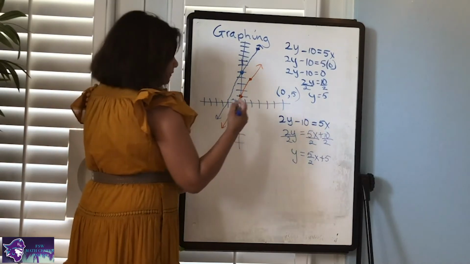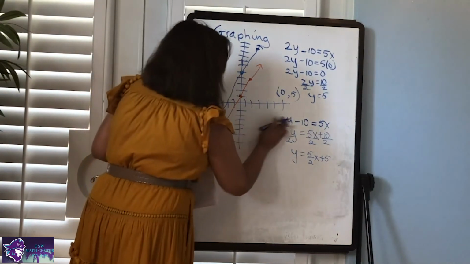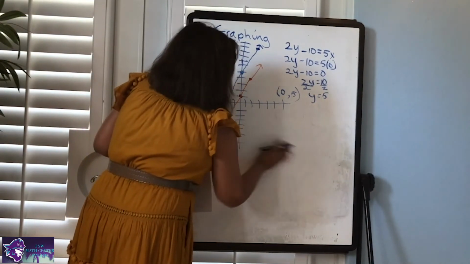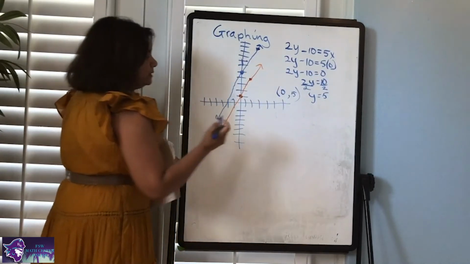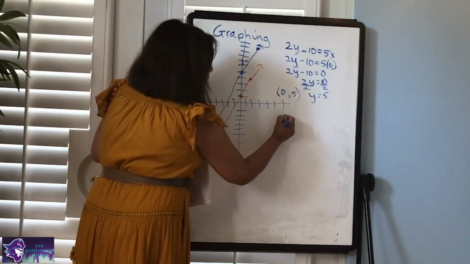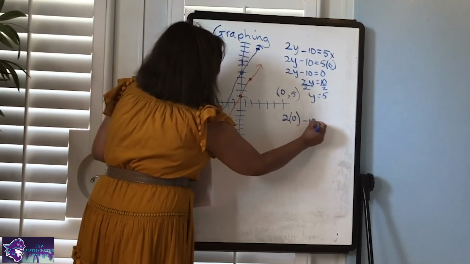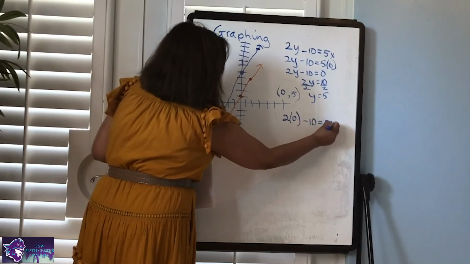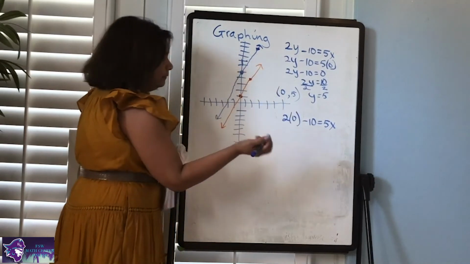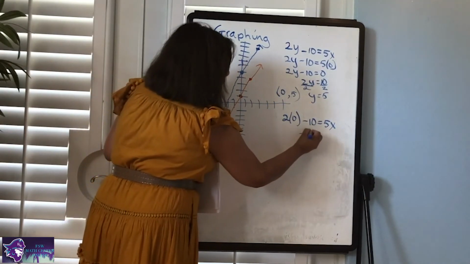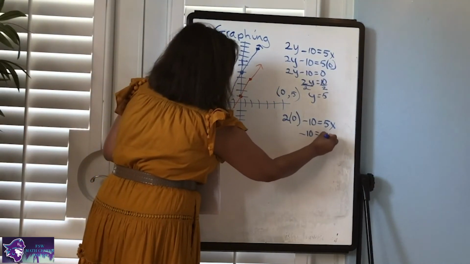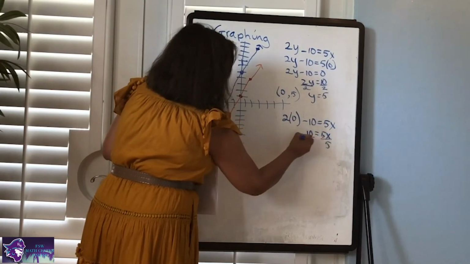Now let's go ahead and find the other intercept. So the other intercept would be to let y be 0. So we'll find the x-intercept. So 2 times 0 minus 10 equals 5x. This is going to go away. So you have negative 10 is equal to 5x. Divide by 5.